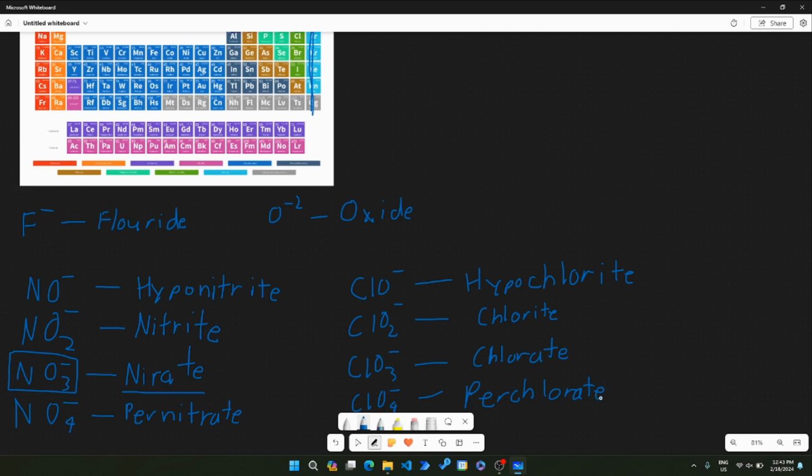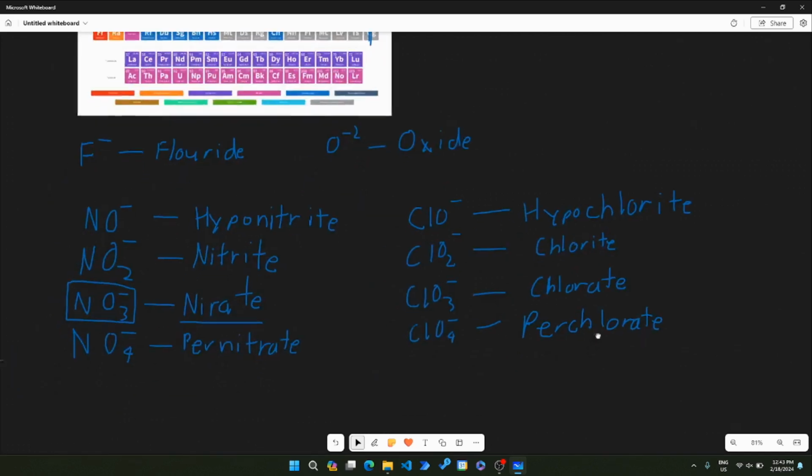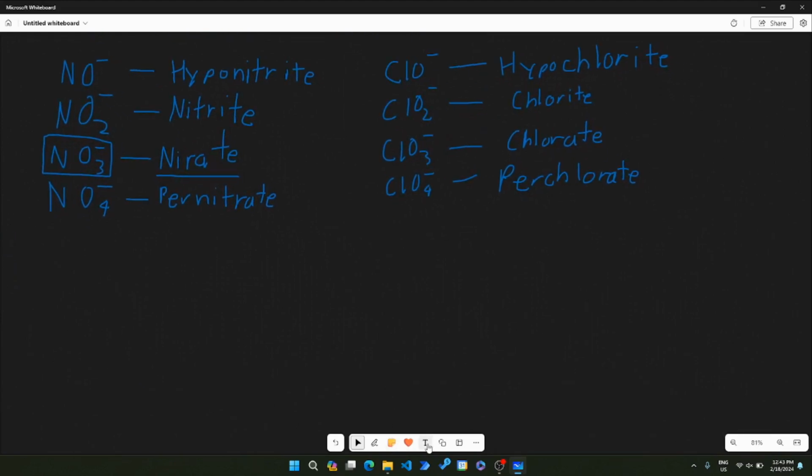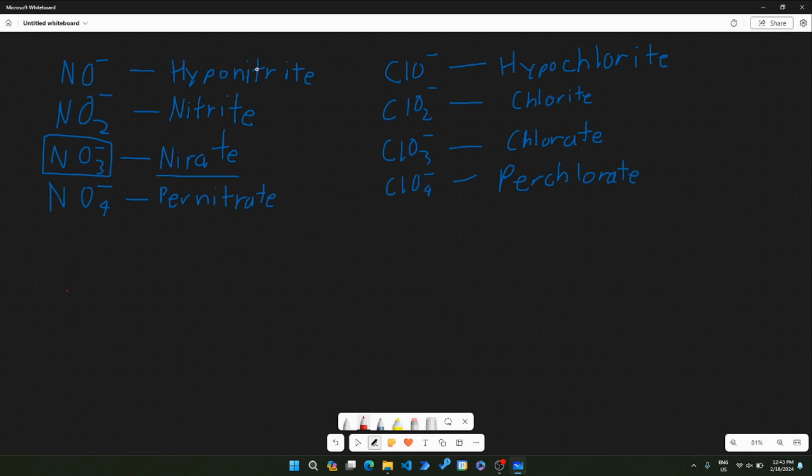Now there's one more prefix that you have to learn, and that is bi. And to learn bi, we have to look at carbonate. So if we move down a bit more, we can look at carbonate. There's the rest of the carbon ones, but we're only going to look at carbonate to specifically look at this.